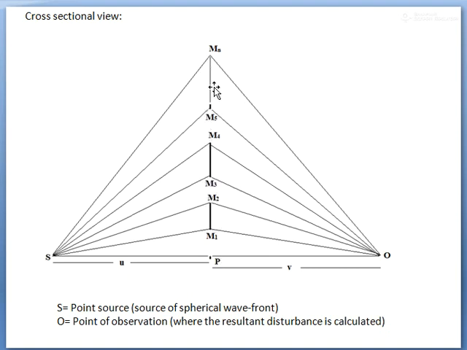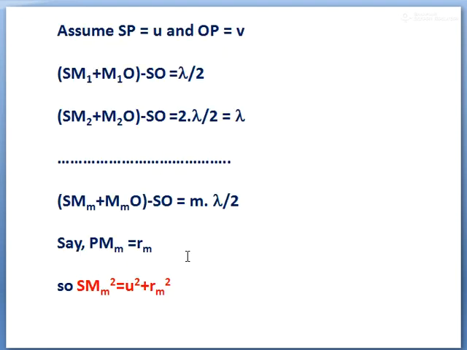These are the zone plates. According to the construction of a half period zone, each of these zones differs from the next by a path difference of the order of lambda by 2.